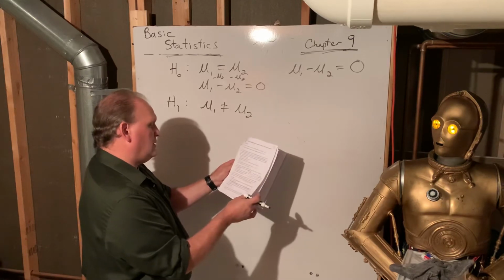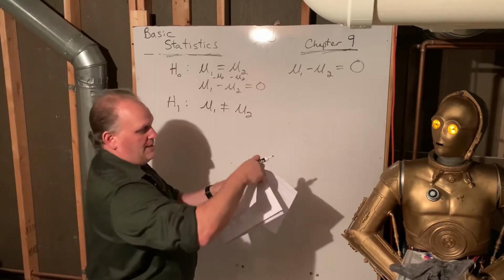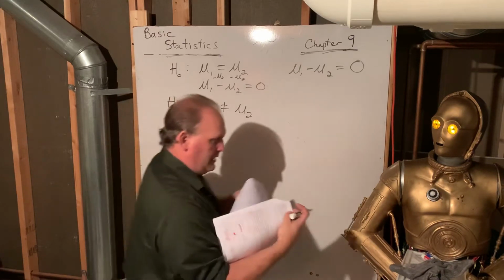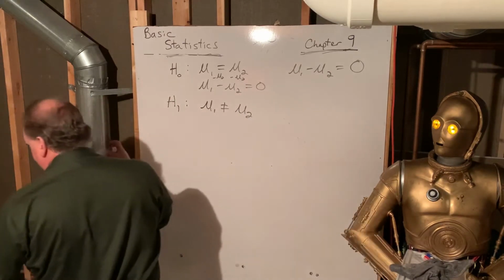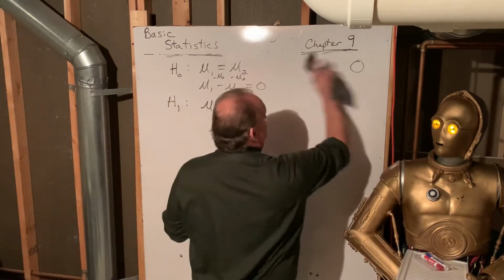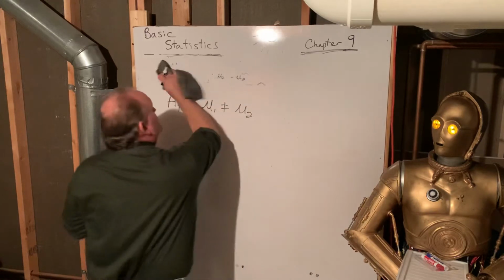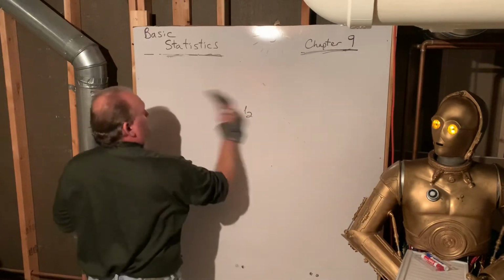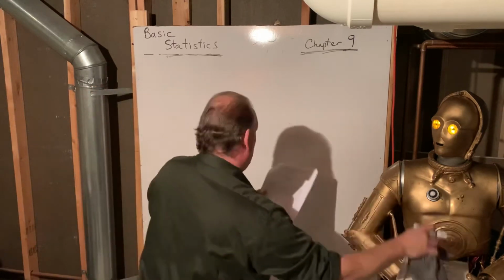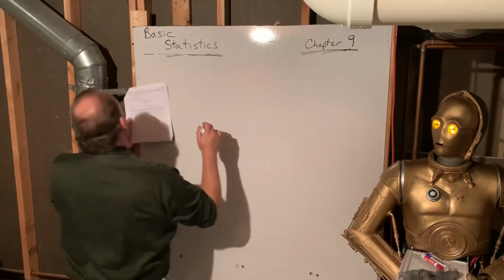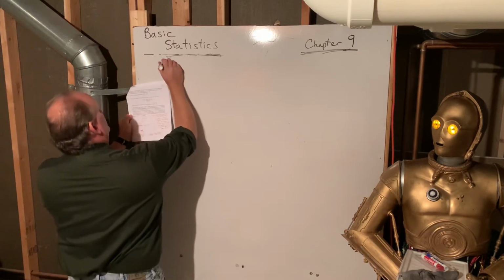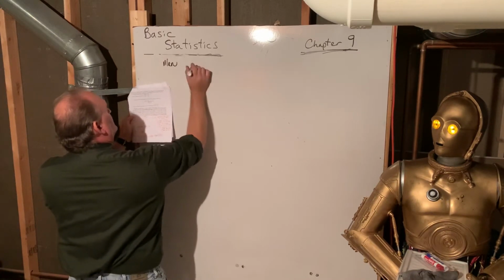All right, so let's take a look at page 3. They have the formulas there, and let's do a problem. So what does this look like? We've got men and women, males and females.